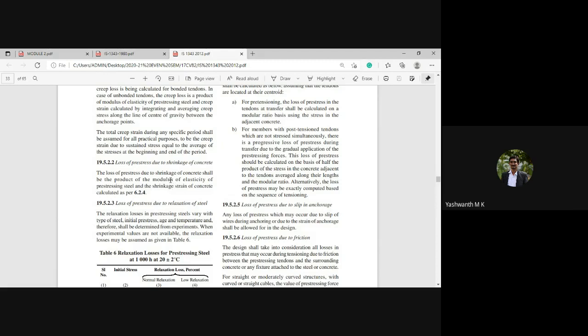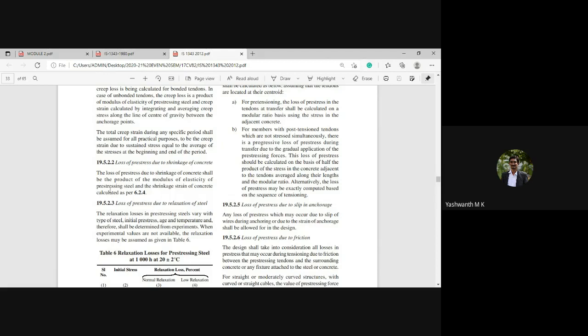So this will get you the loss of pre-stress due to shrinkage, and this will be calculated as per 6.2.4. Here also they are not going to specify any formula. You need to remember this text and apply the formula.